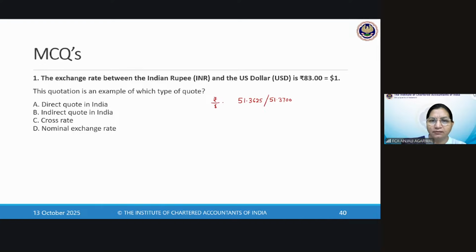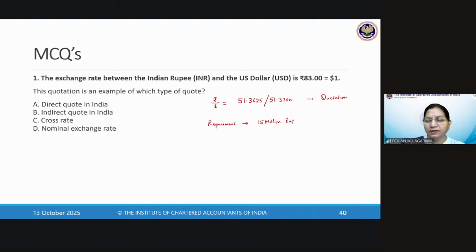These are the quotation given, the first thing. Second thing is the requirement. What is the requirement? 15 million rupee.